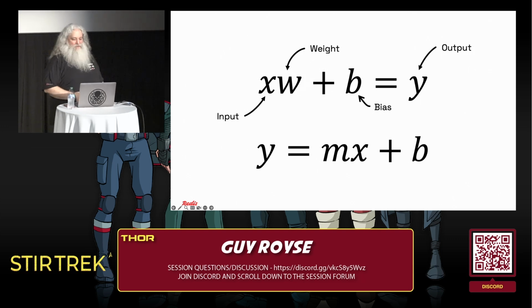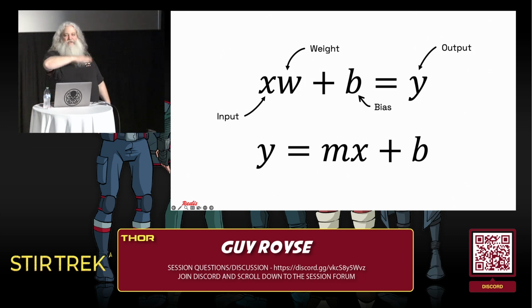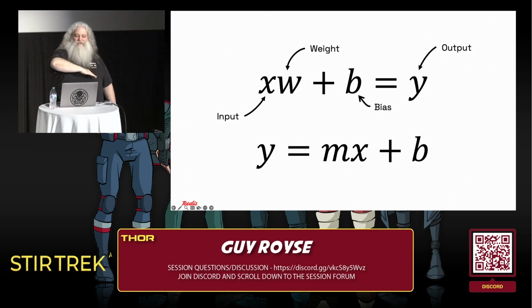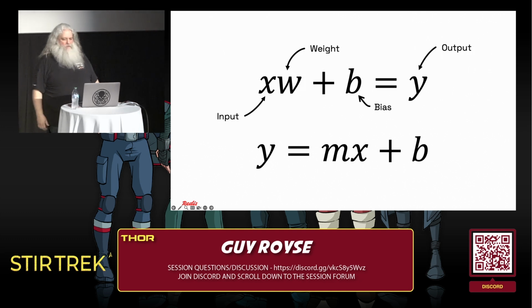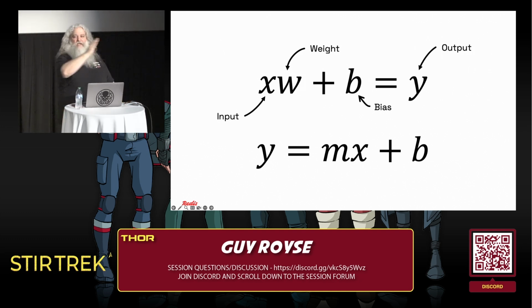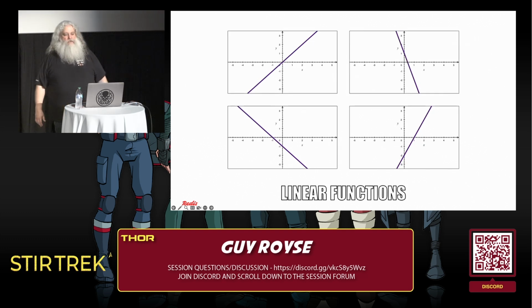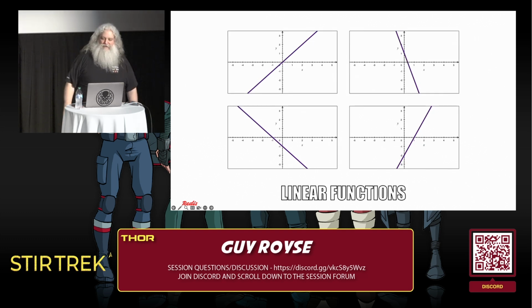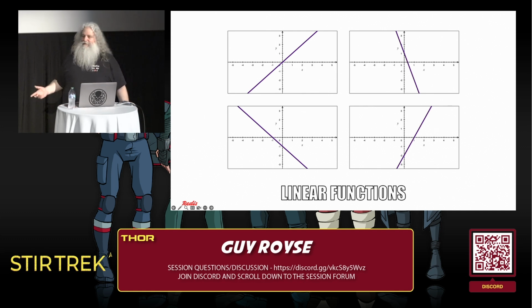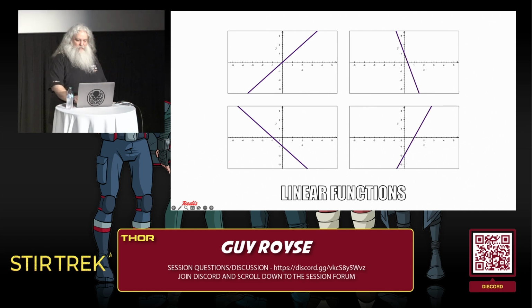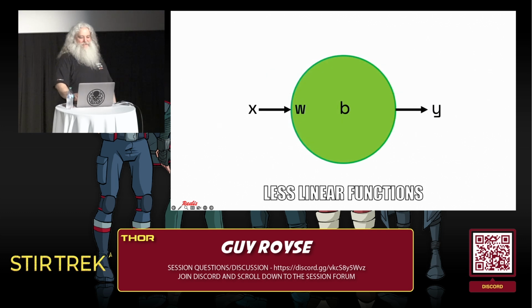And the slope moves the angle back and forth like this, and the y-intercept slides the line left and right like this. There's the slope, there's the y-intercept. And these are great, but it means that at its simplest, a neuron draws a straight line. And straight lines don't solve all of our problems, as anyone who drives would know.